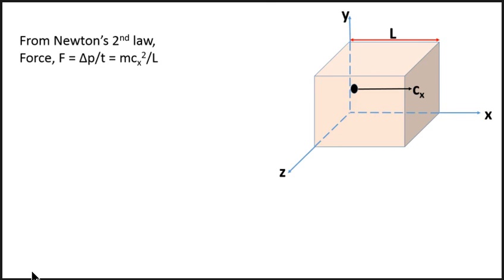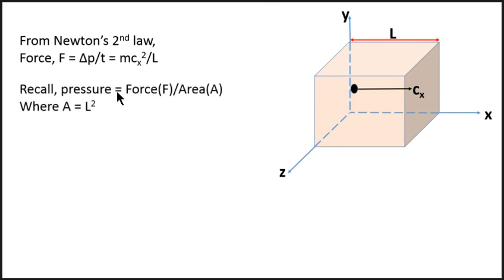Now I need us to recall that pressure is also force F over area A. I've said this earlier on, where the area A is L square, that is length times length, since a cube has equal length. So the area of one of the sides of the cube will be length times length, which will give us L square.